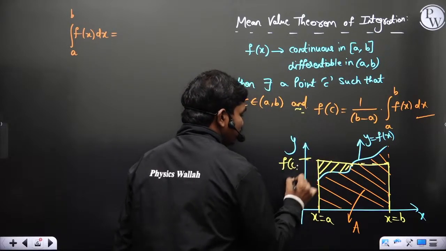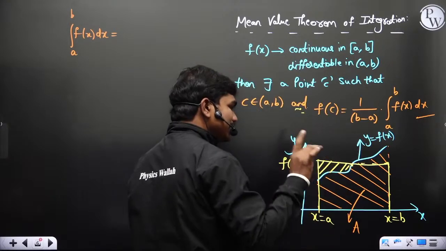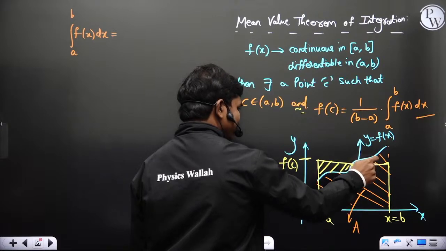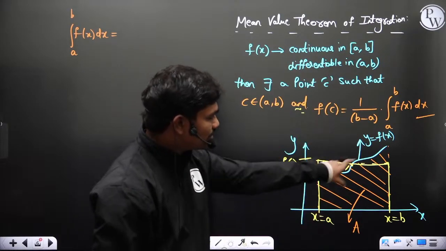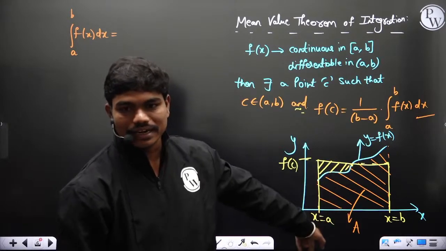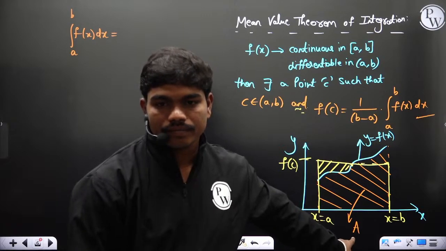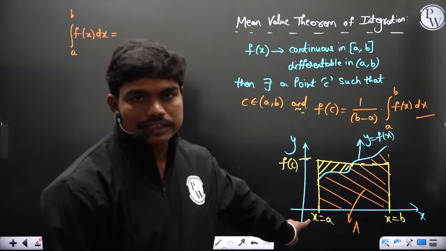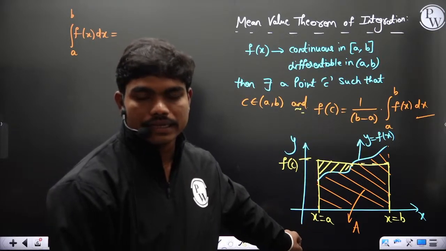This line can be maybe here or at any location, but definitely there exists at least one point such that whatever the area you are losing here can be compensated here, and the area under this rectangle is the same as the actual area under the curve. Yes or no? Correct?